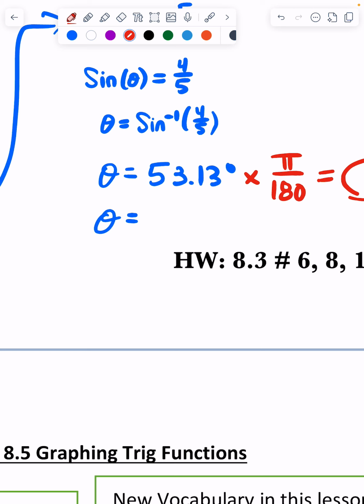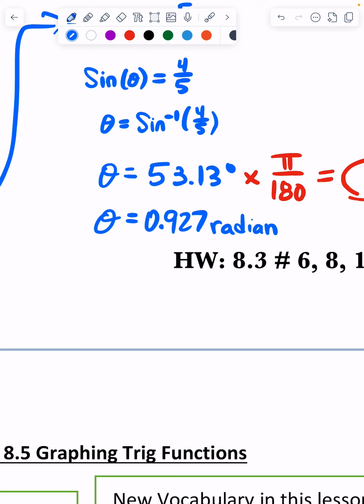And so we're going to do the inverse sine of 4/5 again. This time my calculator's in radian mode, and it says 0.927. So a little bit less than 1 radian. And that makes sense.